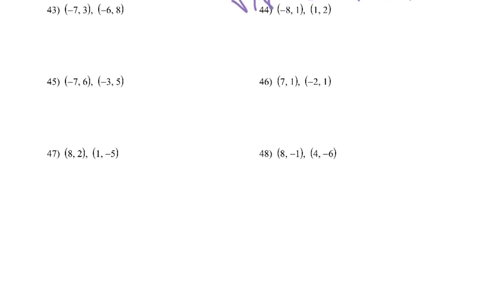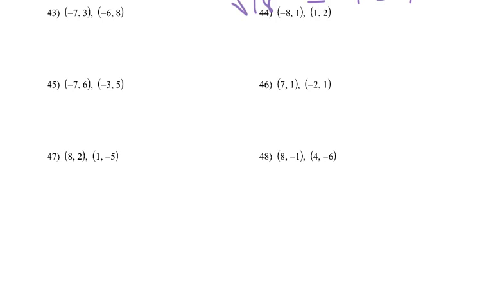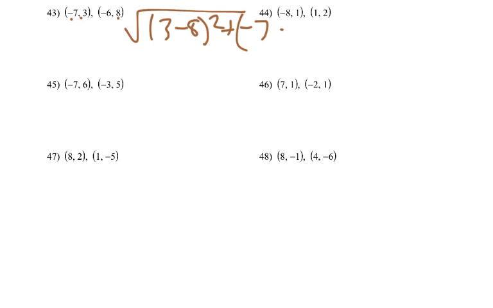Okay, now on the rest of them, the Pythagorean theorem is a little bit harder to use. So we'd probably most likely want to use the distance formula. So I'd go my y, 3, minus my other y, 8, squared, plus my x, negative 7, minus my other x, negative 6, squared.